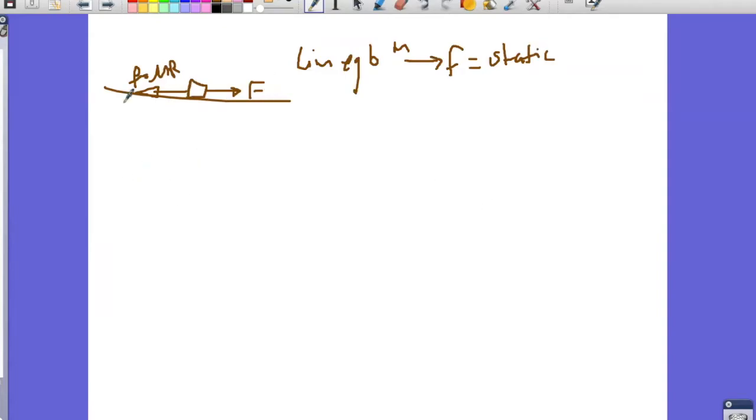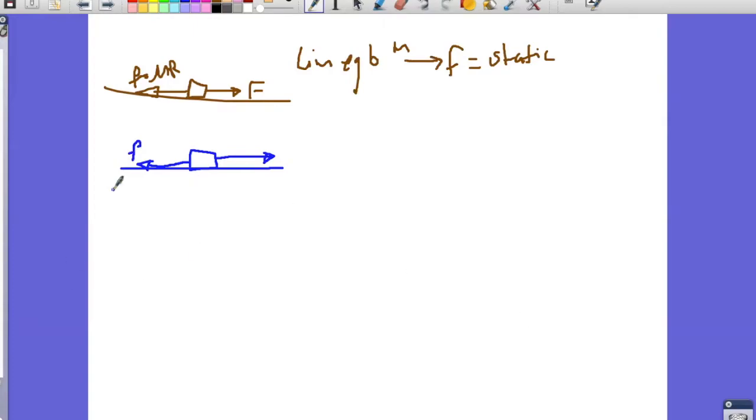Now, when the object starts to slide, if you increase F a little bit more, from what you saw last time, you increase it to some value a little higher than mu R, and then what will happen? The object will start to slide, right? And then you'll have another frictional force here.